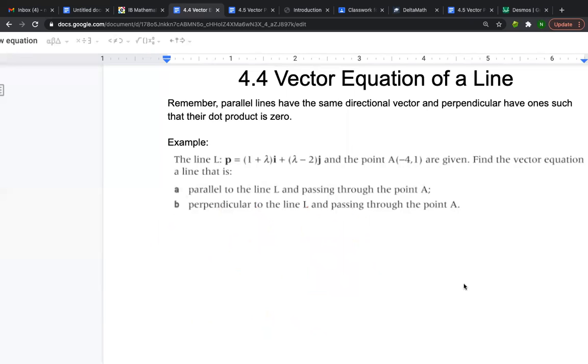And now to do perpendicular, I know that the directional vector we came up with was i plus j. So that means that the normal would be i minus j.